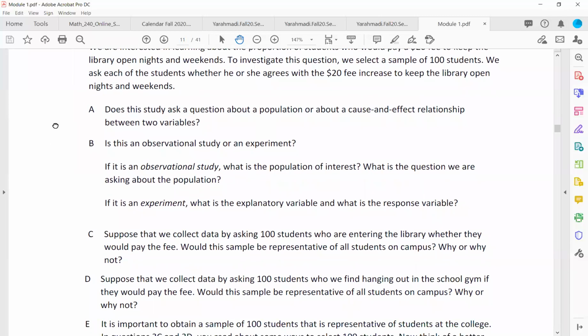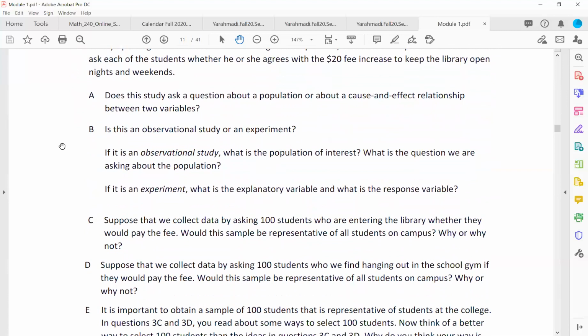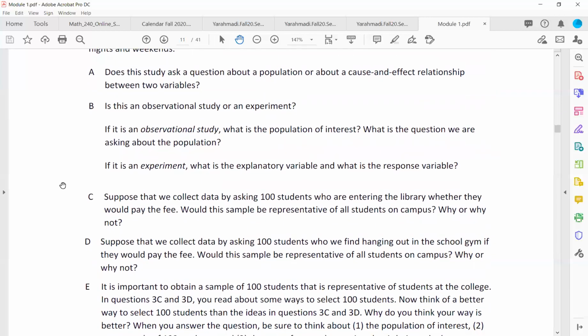We have some questions to ask. A, does this study ask a question about population or about cause and effect? B, is this an observational study or experimental study? C, suppose that we collect data by asking 100 students who are entering the library whether they would pay the fee. Would this sample be representative of all students on campus?